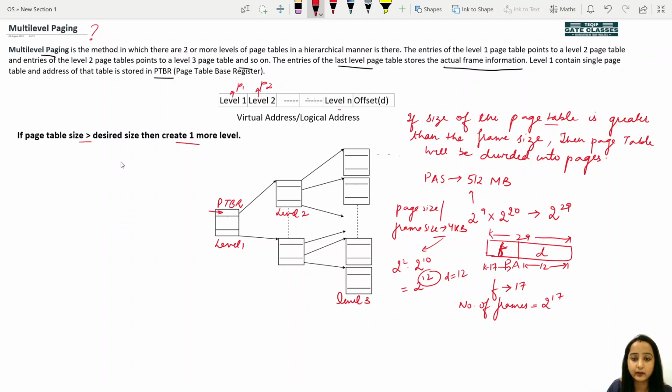Let me calculate the number of pages. Let us suppose the logical address space given to you is 16 GB.